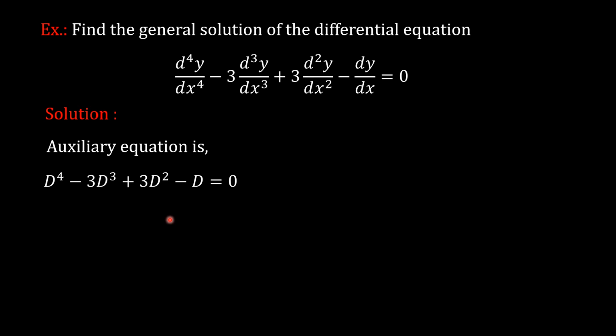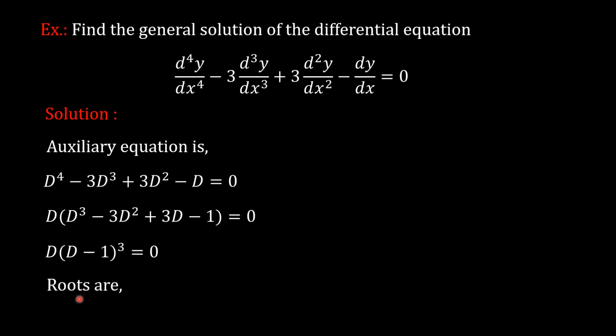For that, we will take D common, and in the bracket we are left with D cube minus 3D square plus 3D minus 1 is equal to 0. Now this is the standard formula for (D minus 1) whole cube. Now we have expressed the auxiliary equation into linear factors. Now equate them to 0 and get the roots.